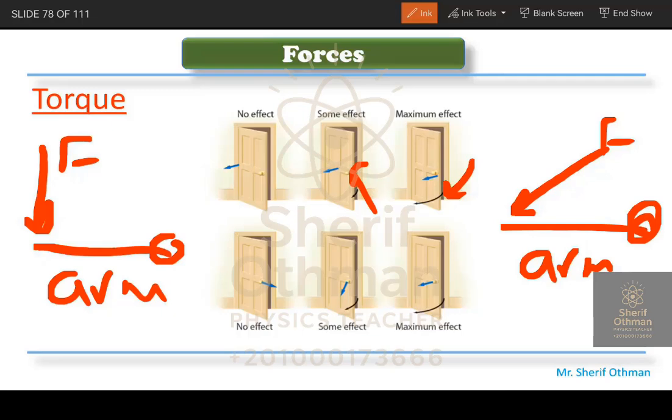As we said before, this force can be considered as a force applied in two dimensions. Physics doesn't deal with force or any vector in two dimensions like this, so I have to find the force applied perpendicular to the arm, which is F dash. Here is theta, so F dash is equal to F sine theta.